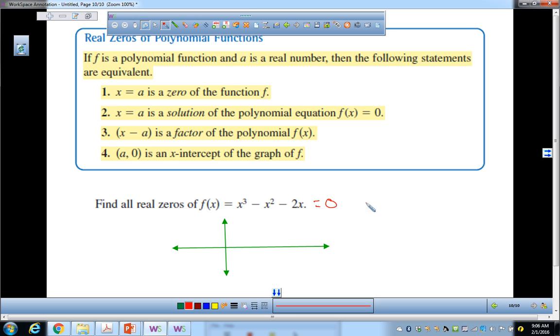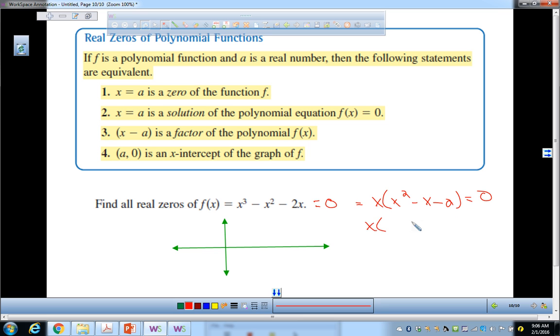X. So I could factor this to x times x squared minus x minus 2 equals 0. And then I could factor this part. Who can tell me what this part factors to? X minus 2 times x plus 1. And since these things are factors, then you do the zero product property, right? X equals 0, x equals 2, and x equals negative 1.